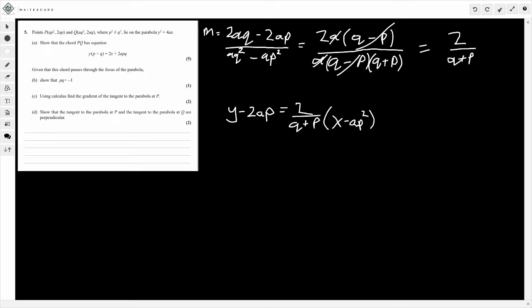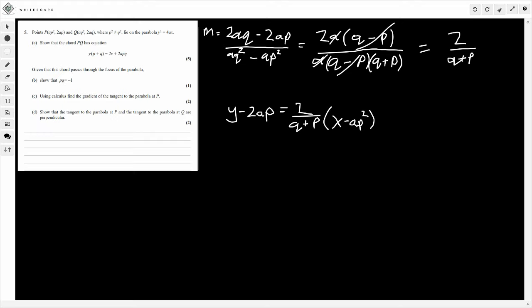So what do we do next? Well, to manipulate this now, all we're going to do is multiply out here, so that's going to be 2 divided by q plus p times x, and then we're going to multiply out the second part of the bracket as well.